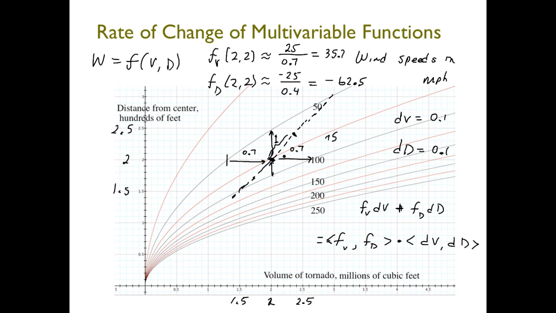But if I want to get the rate of change, then what has to be true about that vector, the dv dd? I want to get the rate of change along that direction. What has to be true about that vector right there? Yeah, we want it to be a unit vector.